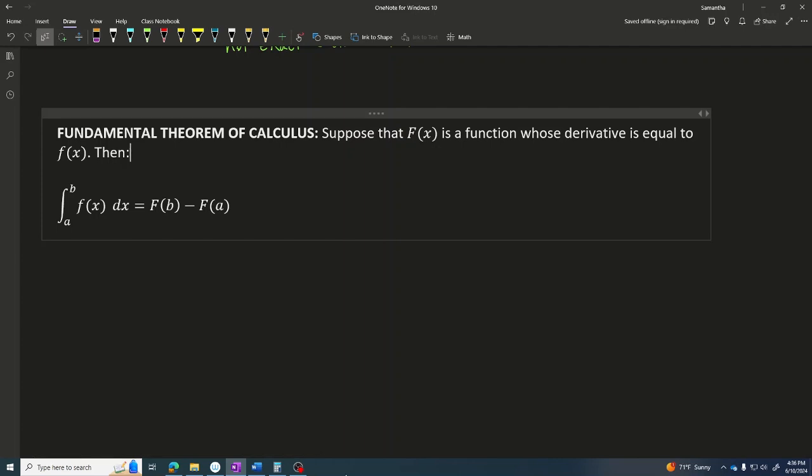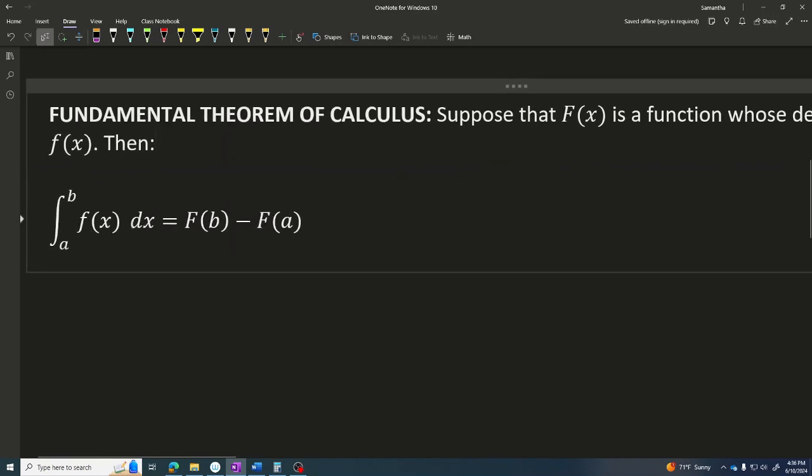In that situation, there is another method to calculate the value of this integral: you plug a and b into some other function called capital F and then subtract those two outputs.